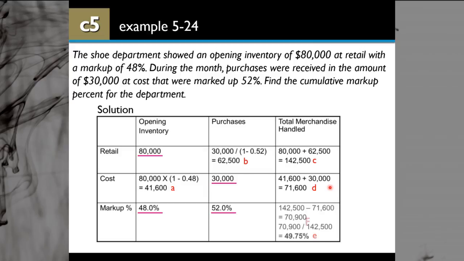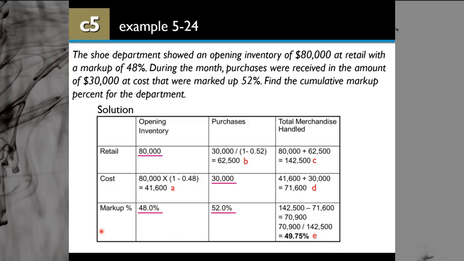So 142,500 minus 71,600 was 70,900, and then divide that by your retail, which is 142,500, then you get 49.75%. So you can say your cumulative markup for this month was 49.75%.